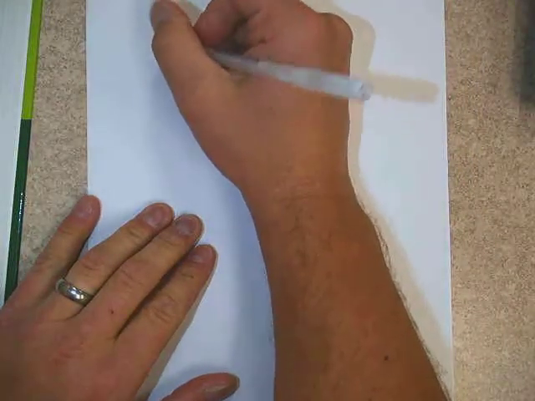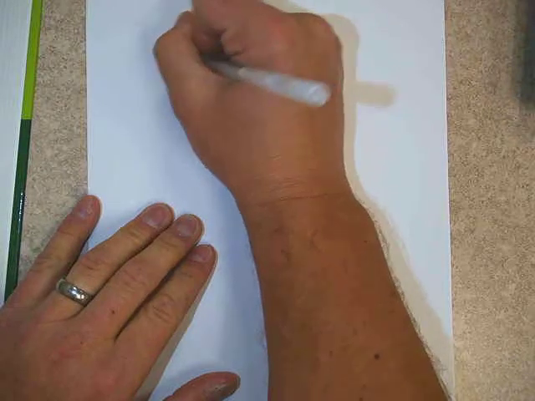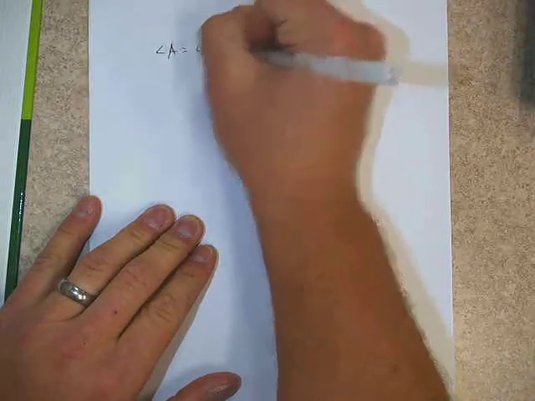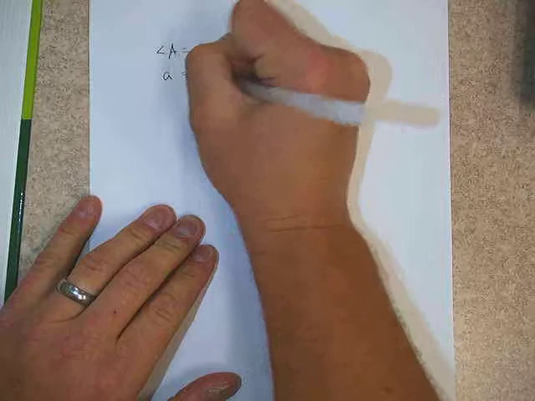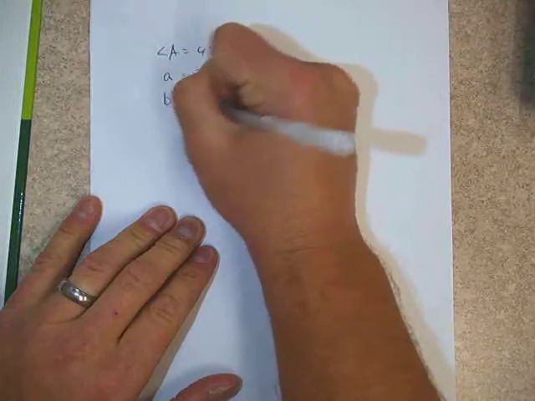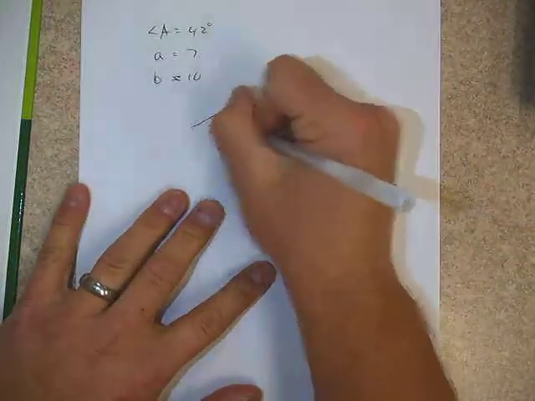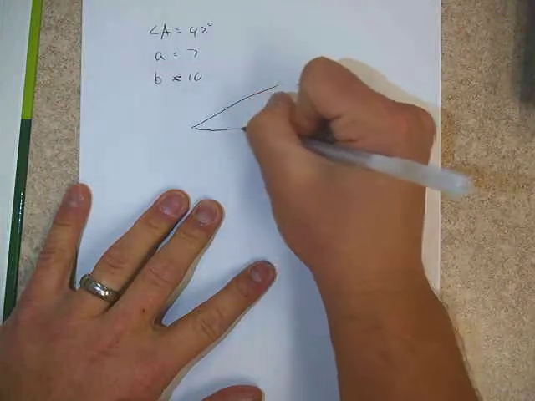There's one other case that I want to look at together here, and we're going to revisit our side-side-angle case. So if you look at, I'm still on page 494 with you, they give us on number 13 angle A is equal to 42 degrees, side A is 7 and side B is 10.